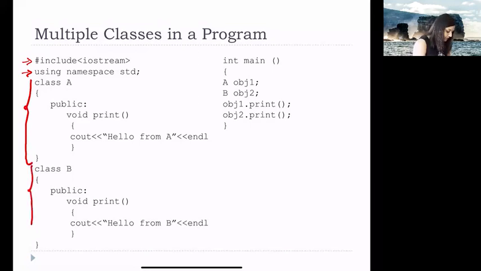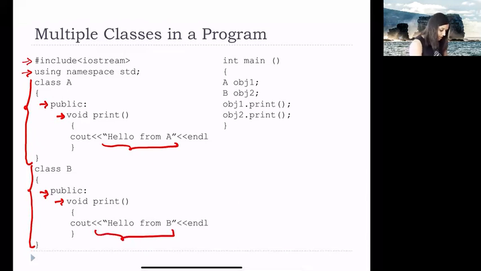We have no private label, just a public label in both classes. Both public labels have a public function, void print. Inside void print, we are just printing hello from whichever class it is: from class A, hello from class A; from class B, hello from class B.